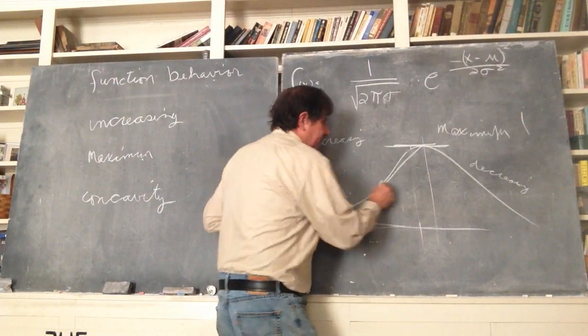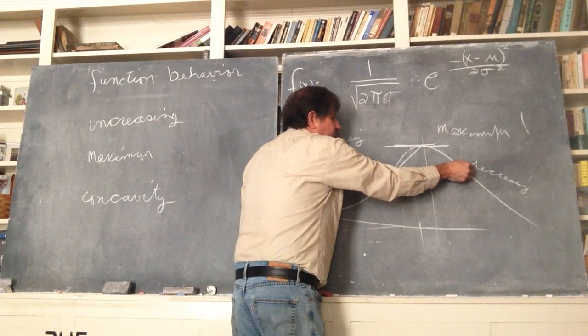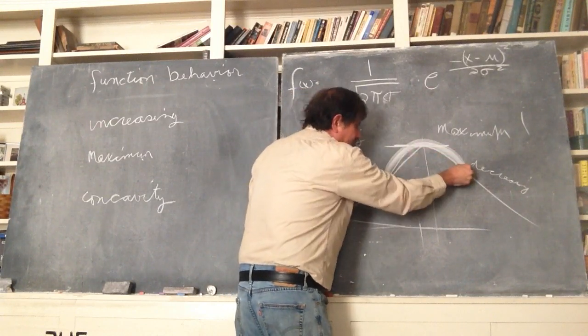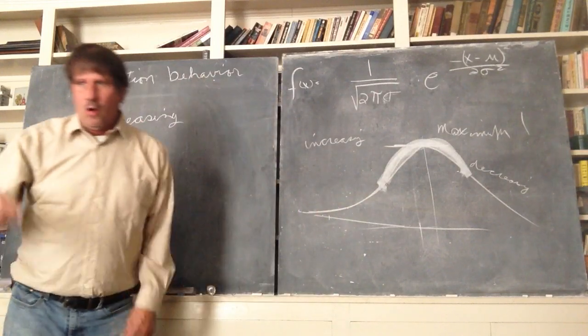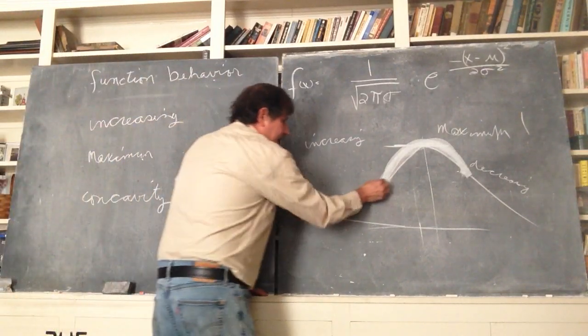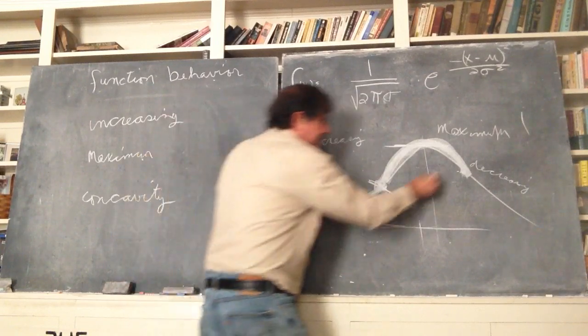Concavity means, these are called inflection points. From here to here, it is concave down. It means it's like a rainbow, an umbrella. And then from this inflection point to here, it's called concave up.